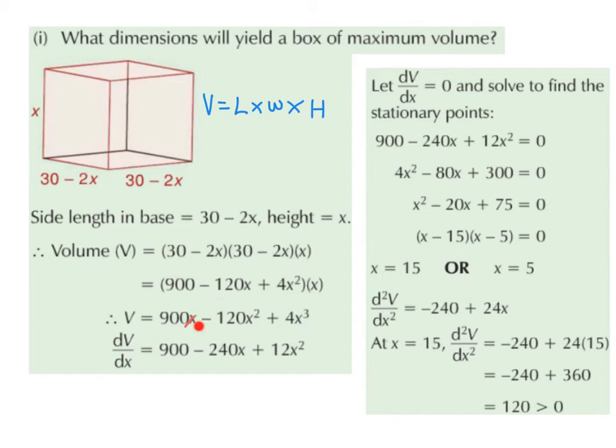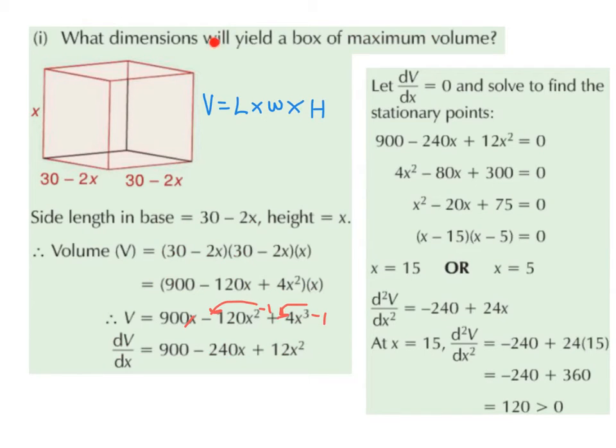If I want to differentiate minus 120x squared, I bring the 2 down in front, multiply it by 120 to give me minus 240, and then I reduce the power by 1, so I get x. And then 4x cubed, I bring the 3 down in front, 3 by 4 is 12, reduce the power by 1, 3 take away 1 is 2, so I get 12x squared.